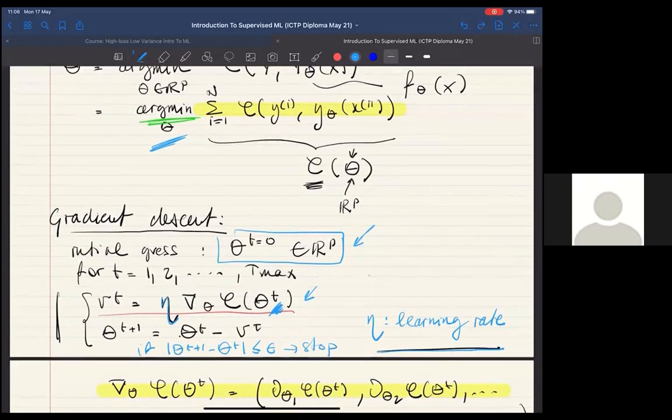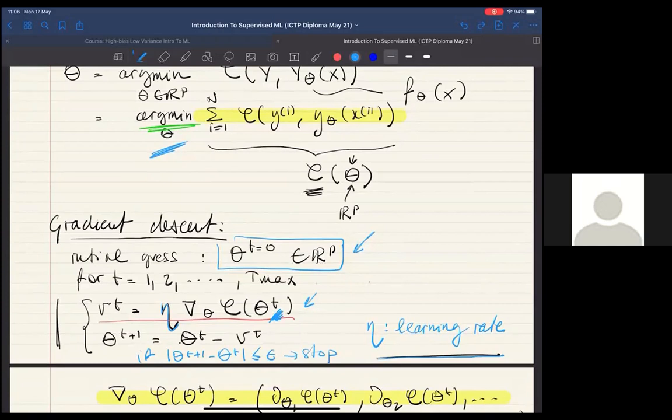Because if it's too low, when you update the new values of the parameter, which is given by the old value minus this velocity, you see that if the learning rate is too small, you will follow the gradient, but very slowly. So it will have a high computational cost.